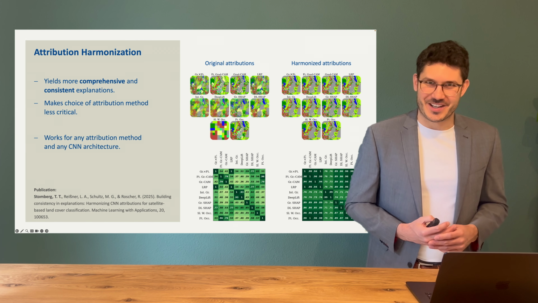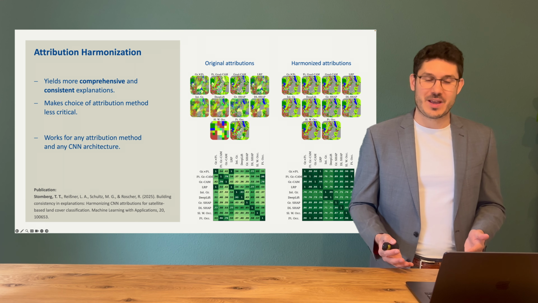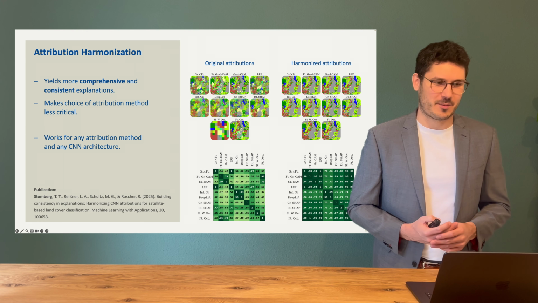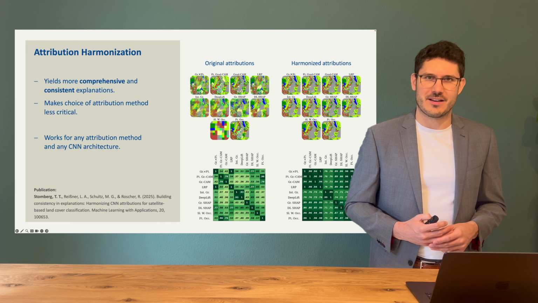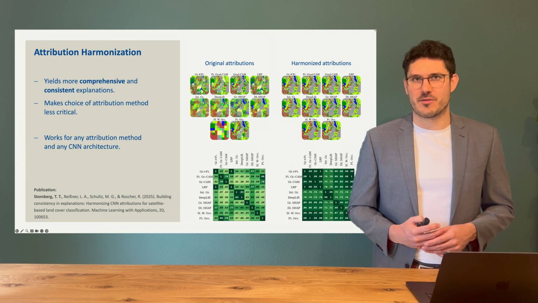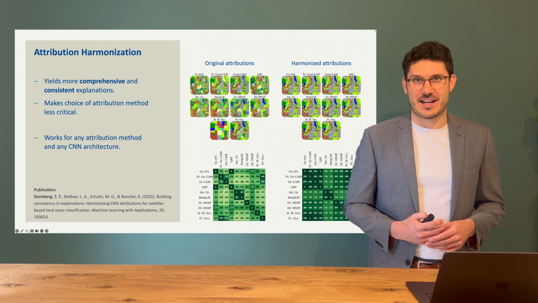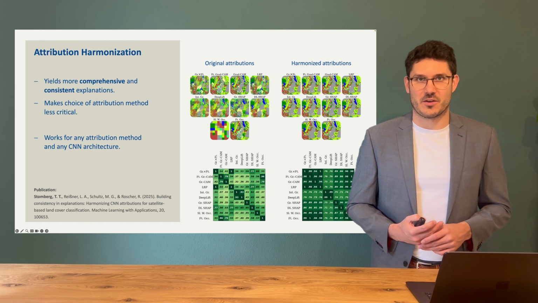So to conclude on attribution harmonization, it yields more comprehensive and more consistent explanations. It also makes the choice of attribution method less critical, and it works for any attribution method and any CNN architecture. And we have published this idea in 2025.